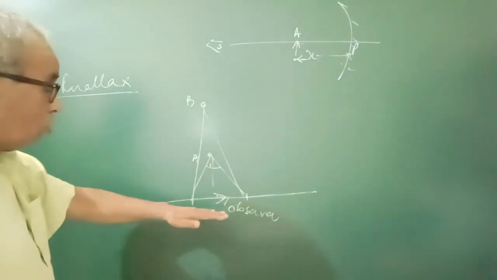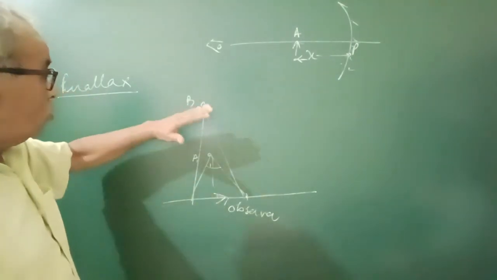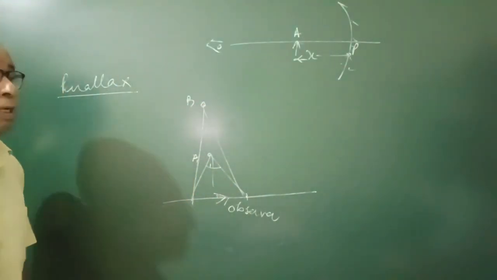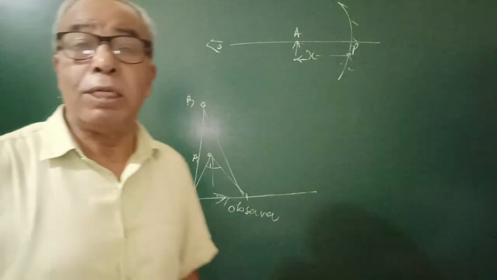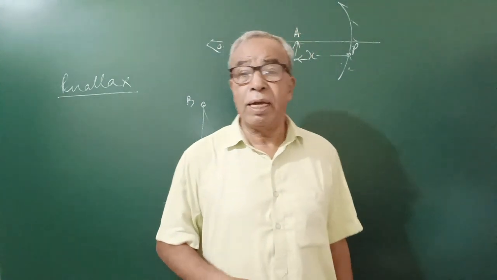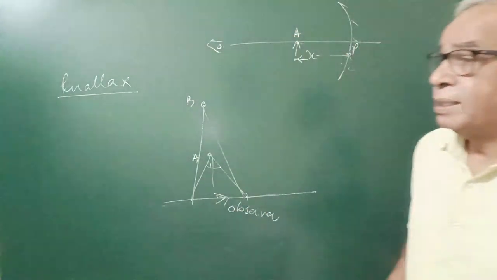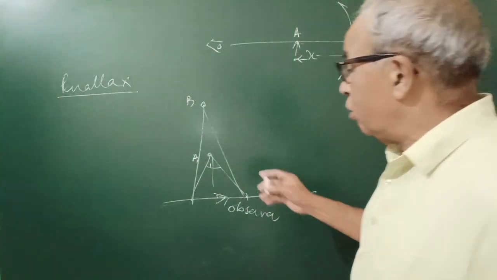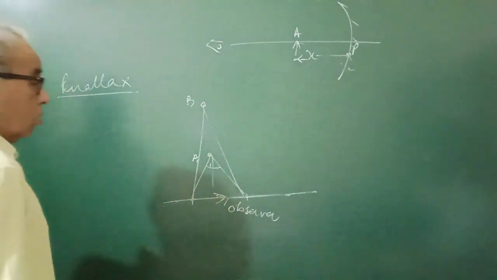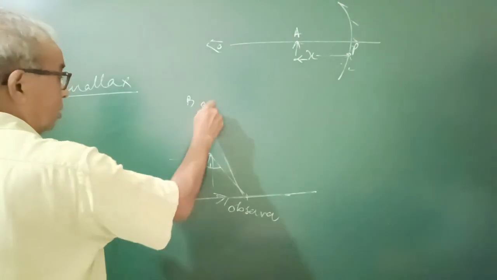So the angular velocity of the observer with respect to the farther object is smaller than the closer. That's why this motion appears. Is that clear? So when you move like this, this object goes backward and this goes forward.